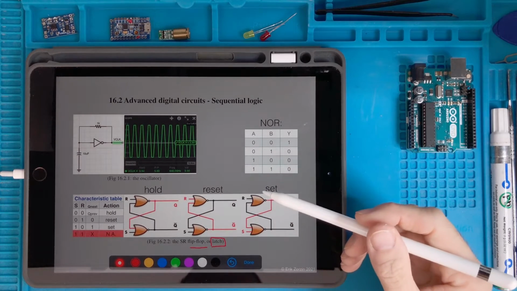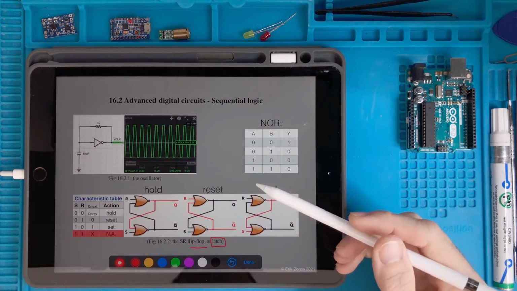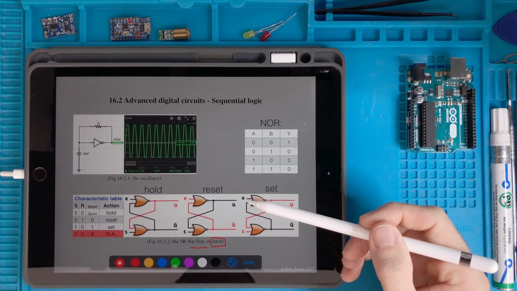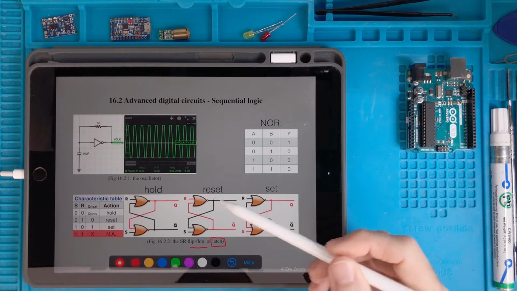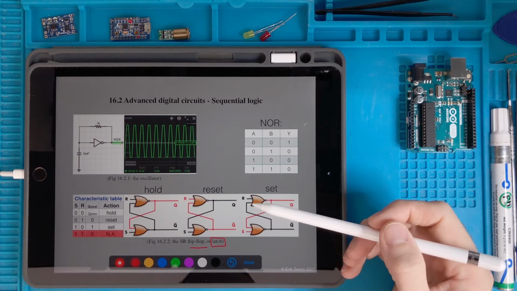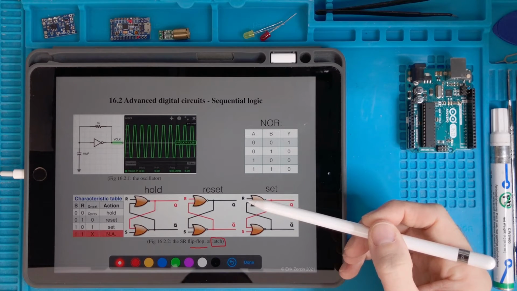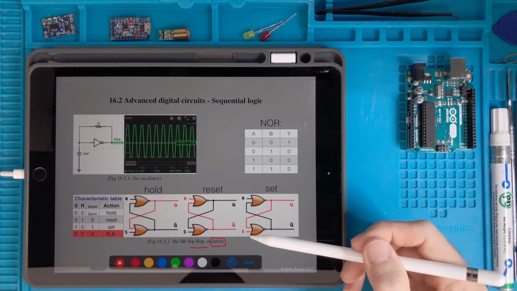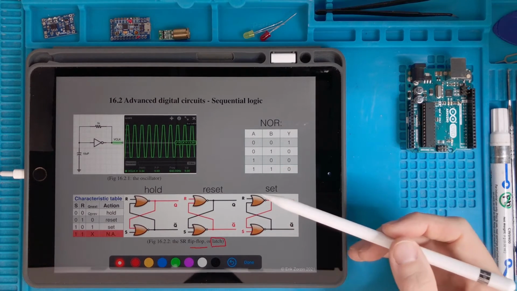Now we go into this condition. We deactivate the reset condition. Now we analyze the set condition, so the condition for which the reset is deactivated and the set is 1.